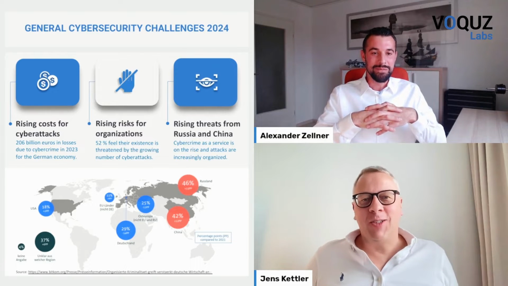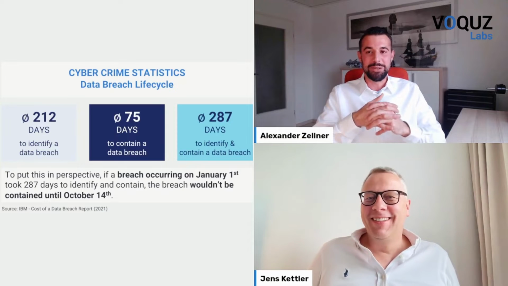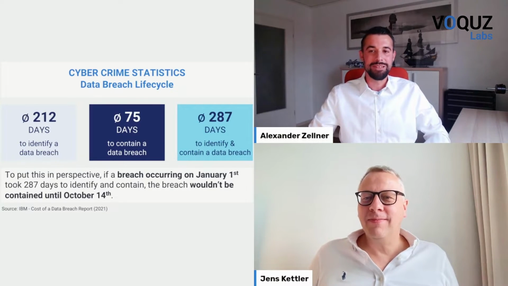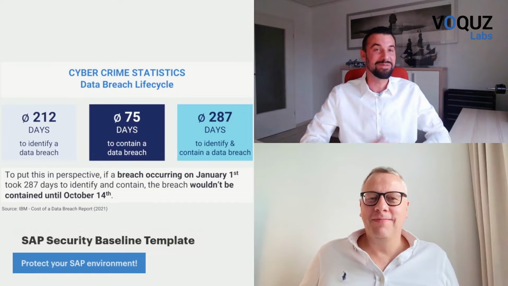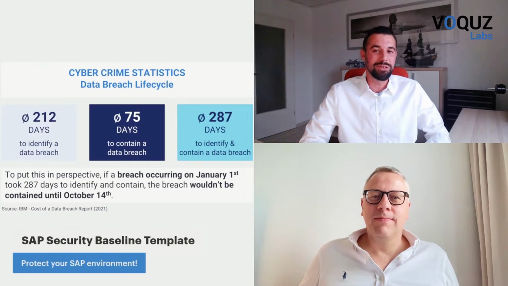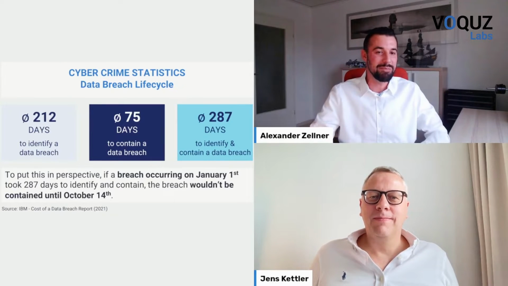I think your next slide shows this. I think these are really terrifying numbers. So when you look at the data breach lifecycle that comes from IBM, we see it normally takes 212 days to detect the data breach. That's what I see as normal nowadays, because when you do an audit once a year, you should fit in this category.